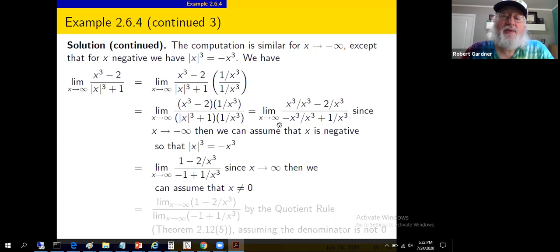Do the division by the x cubes throughout. Can you cancel? Yeah, because x is not 0. X is approaching, it should read approaching negative infinity.